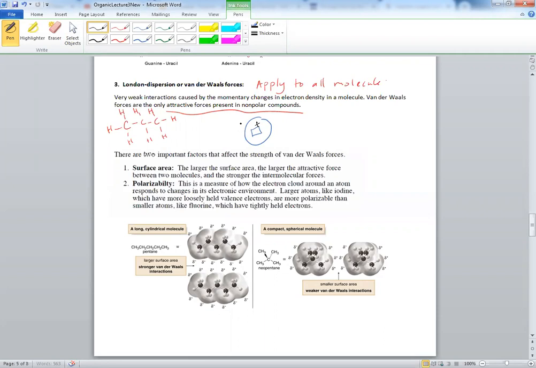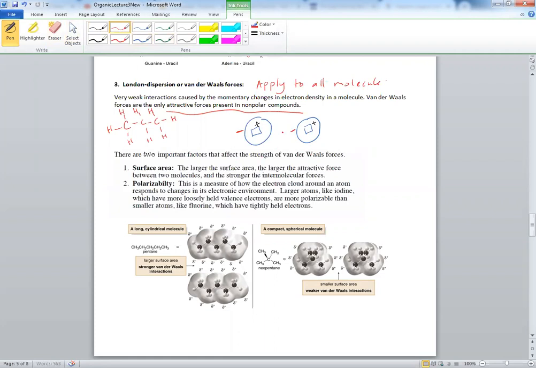And you have an E, let's say the electron is now on this side right here. And then you have another atom, and the electron is also on the left side.